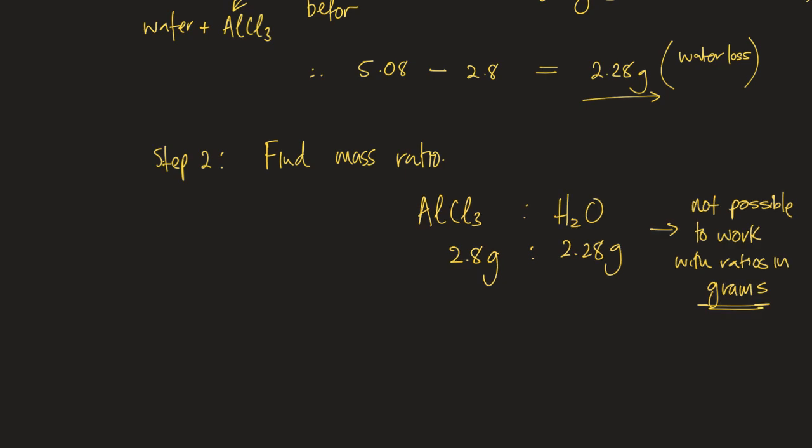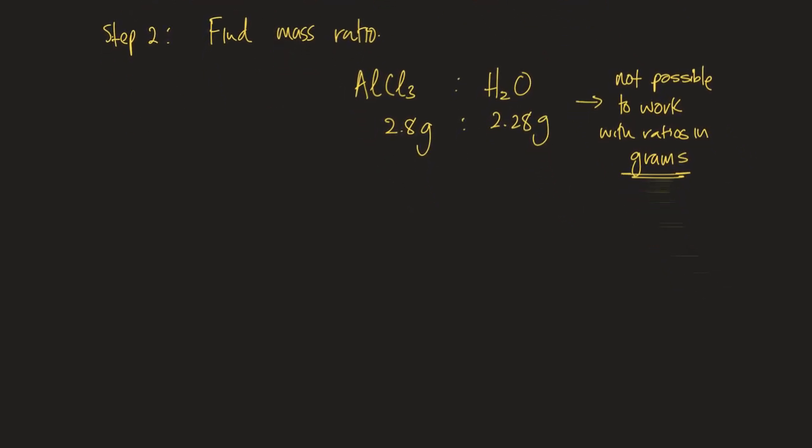It is not possible. So what we can do is go from grams to moles. It's a conversion. It's a very important conversion. If I have grams of two things, I cannot do ratios. I have to get those ratios into moles.